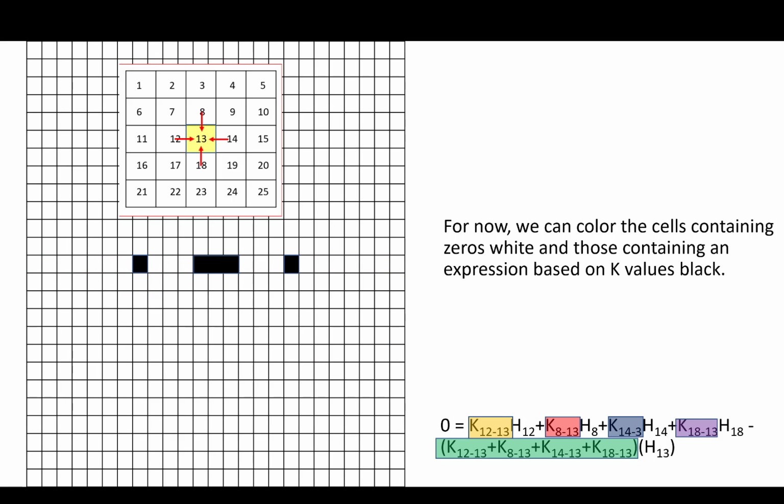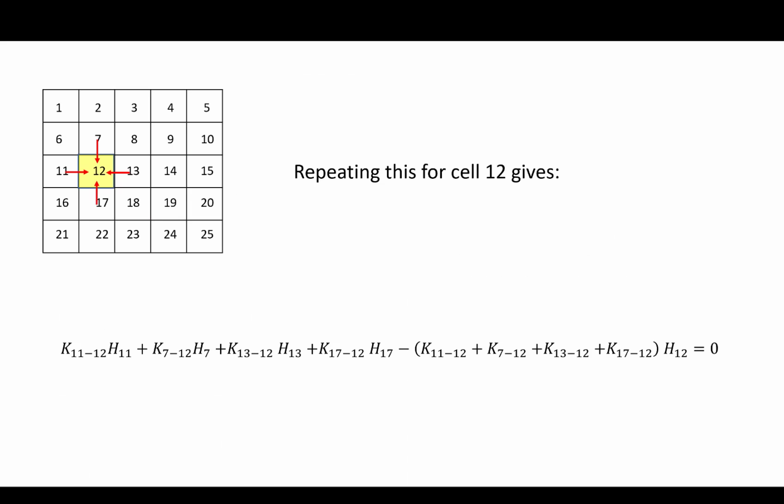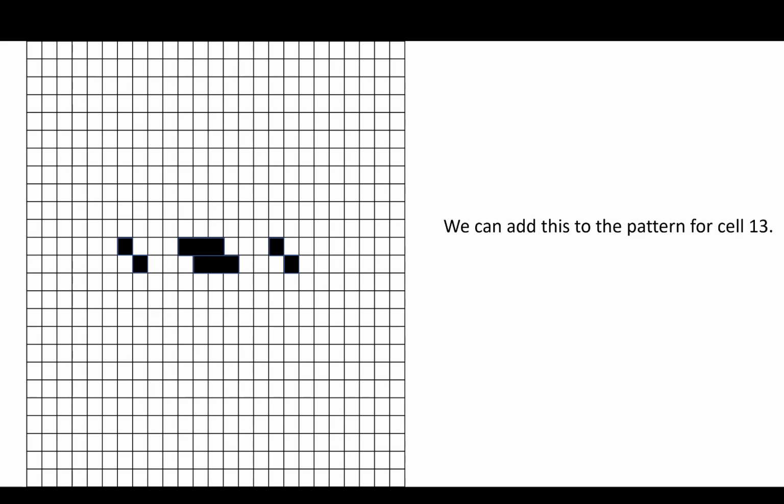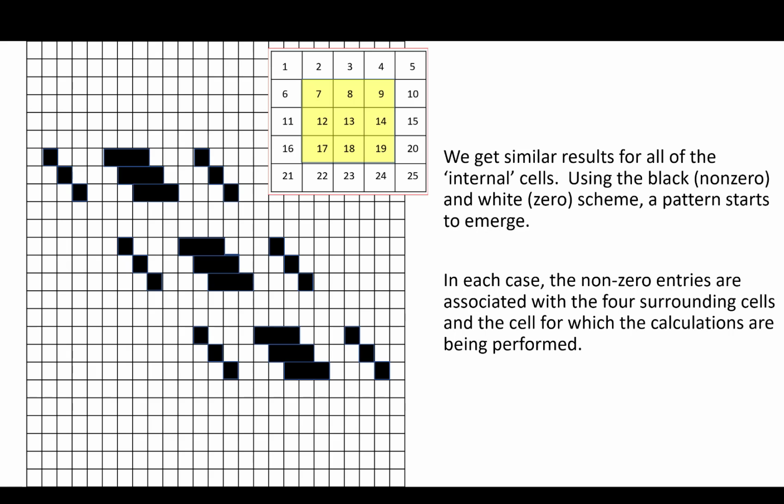To keep things clean as we move forward, I'm just going to show white cells as those that contain zeros and black cells that contain some combination of k values. We can repeat this for cell 12, of course, just changing the subscripts. We'll end up with another set of black and white cells. We can do this for all of these internal cells, all of the ones that have 4 surrounding cells, and start to fill in the pattern.